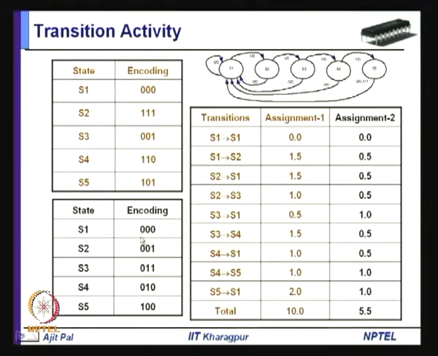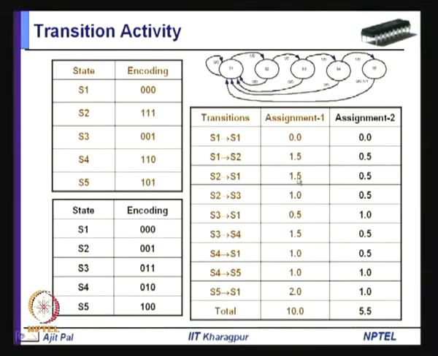On the other hand, for this code you can see the Hamming distance is only 1. So, transition is only 1. So, 0.5 into 1 is 0.5. So, for this transition, for assignment 2, the transition activity is 0.5. Similarly, from S2 to S1, in this case transition activity is 3.